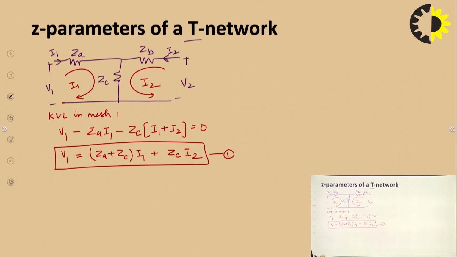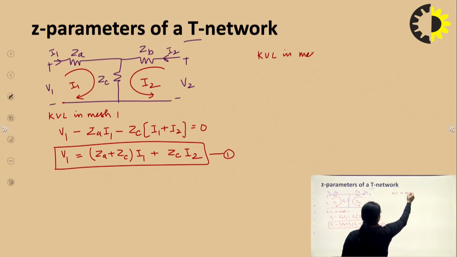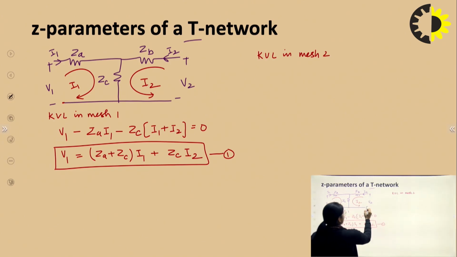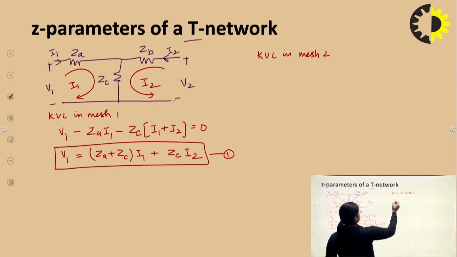Now, apply KVL in mesh 2. Let's start from here, moving in the direction of the loop.